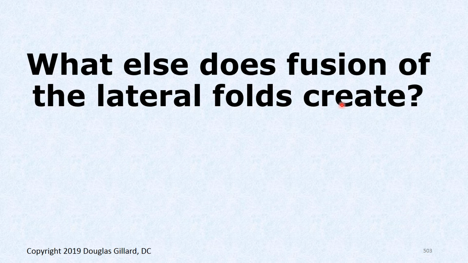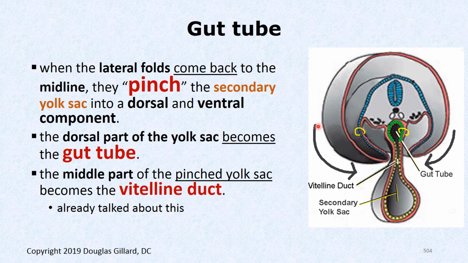What else does the fusion of the lateral plates create? Gut tube. We've talked about this, but let's look a little bit more. Lateral folds come in, they pinch, as we said, the yolk sac into a ventral and a dorsal component. The ventral yolk sac and dorsal yolk sac are created by the lateral folds pinching in.